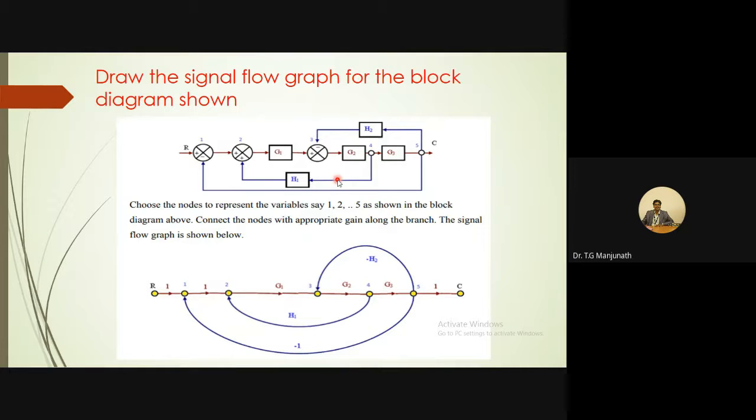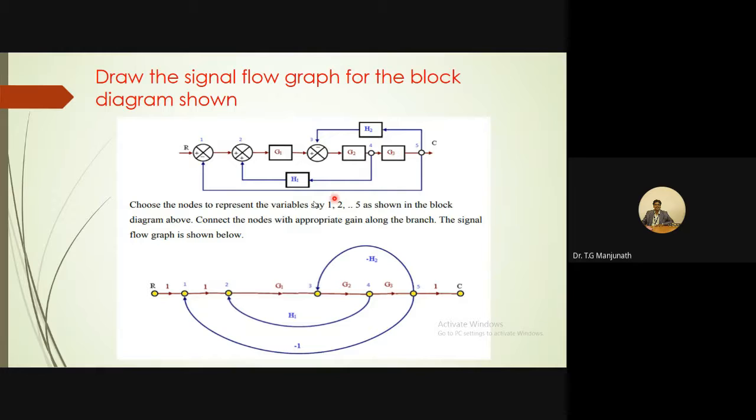Suppose it is asked to find the transfer function using Mason's gain formula, then you have to draw the signal flow graph for the given block diagram. Now let us understand in today's session how to draw the signal flow graph for the given block diagram.